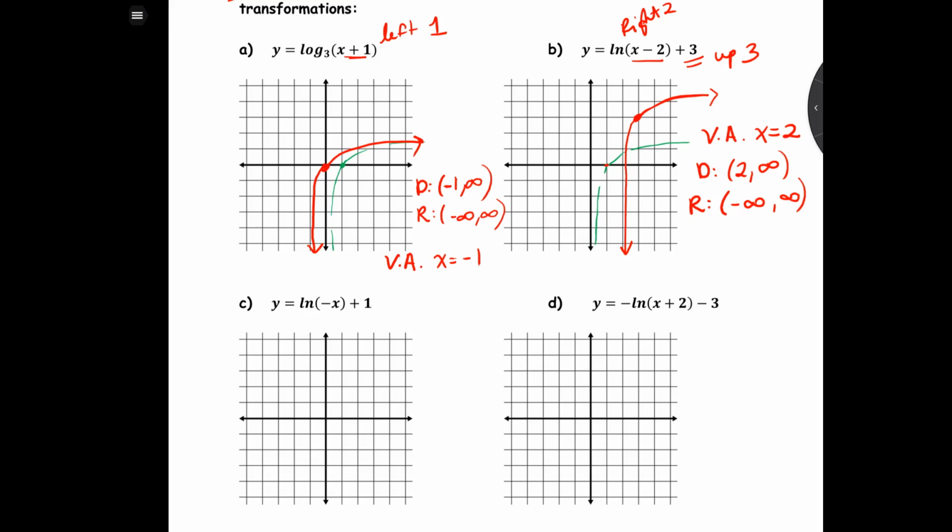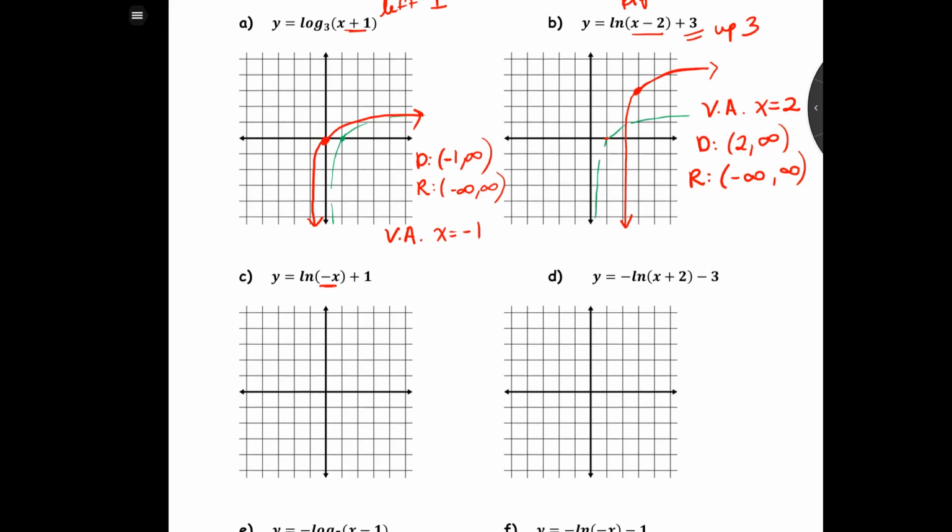All right, letter C. What are the changes here? What does the negative on the inside of the parentheses do? Reflect over the y-axis. Good. What does the +1 do? Move it up 1. So if I think about the generic shape through (1, 0), do your reflection first.